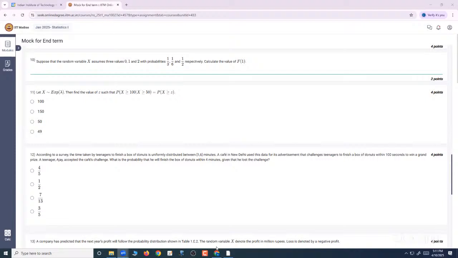Yes, 50, correct. What about others? What are the values that you are getting? Is it 50 or something else?